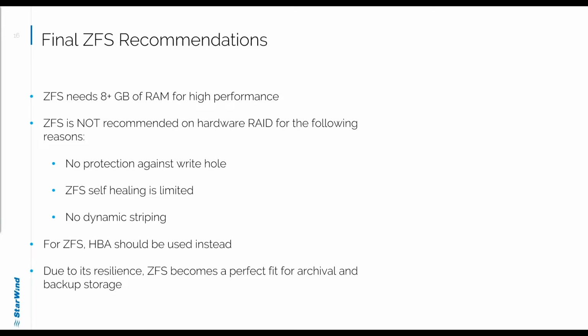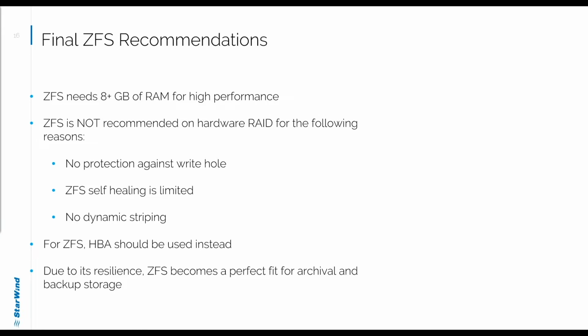Also, talking about the cases when ZFS should be implemented. Well, due to its resiliency, self-healing, copy-on-write, and additional copies of the pool-wide metadata and file system metadata, ZFS actually becomes a perfect fit for archival backup storage. It's also a good pick for large storage amounts such as NAS, as you probably know from the FreeBSD projects.